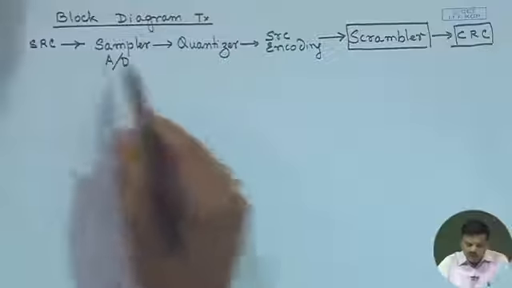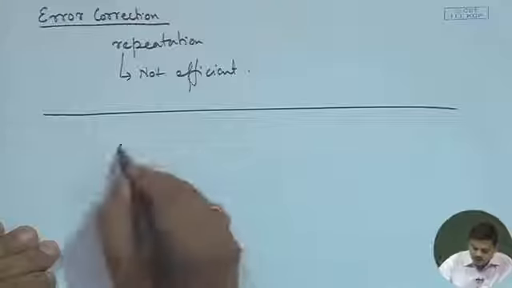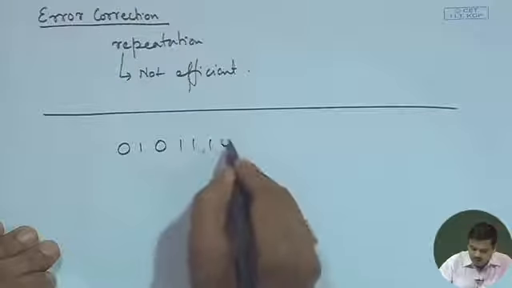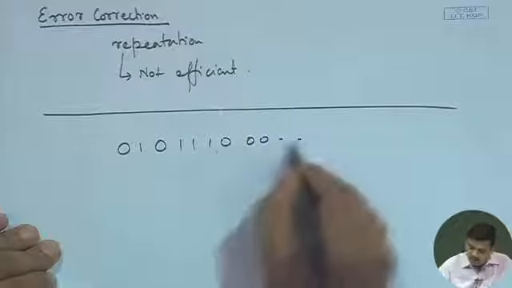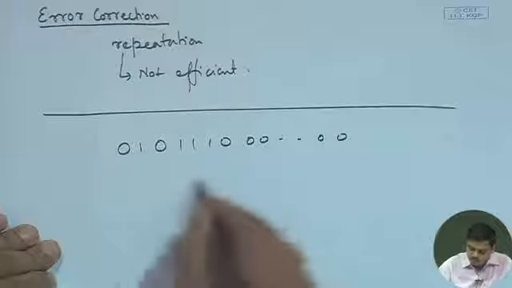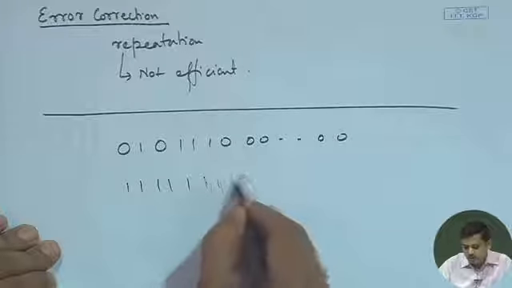So, when we have a source which generates a sequence of, let us say, zeros and ones and so on, suppose we have a long sequence of zeros or a long sequence of 1.